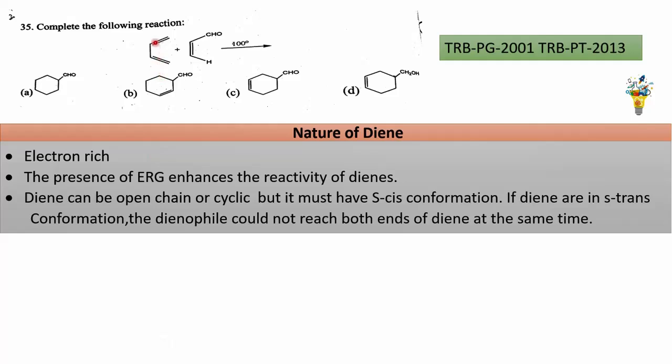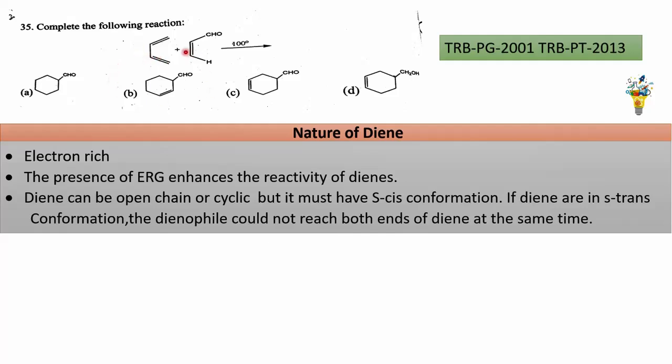Butadiene is an electron-rich compound due to the presence of pi electrons, and it is the HOMO part, the highest occupied molecular orbital, so electron rich. In addition, the presence of an ERG, electron-releasing group, enhances the reactivity of the diene. Suppose the diene is attached to an electron-releasing group, the reactivity increases.